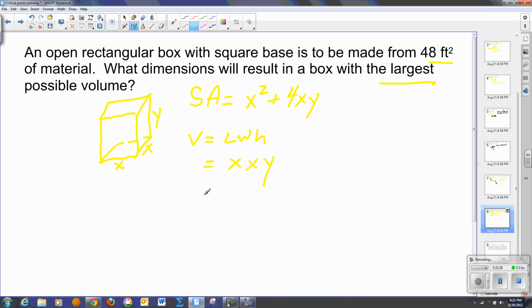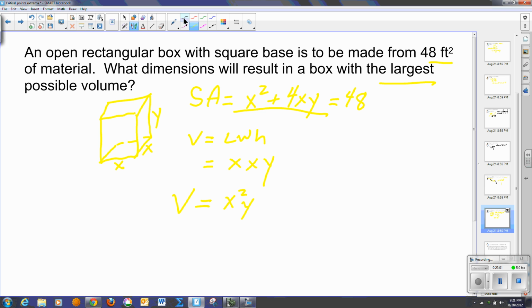Now the problem is, if I want to maximize this, I need to have it in one variable and then be able to graph it. So I have to write an equation only in terms of x. Luckily, I have another equation up here, and we've been studying two variable systems lately. So instead of calling this just the surface area, I'm going to set it equal to 48 because that is the surface area of the box.